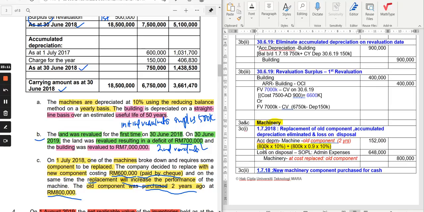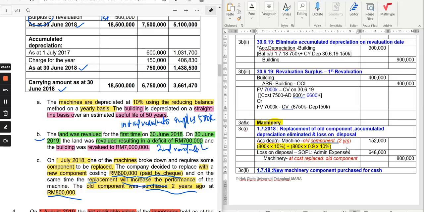You can check the calculation that I show here. 10% of 800,000 is to calculate the depreciation based on the reducing balance method. So you have that for the first year, and you need to do it for 2 years. Why? By the time you replace the old component, it was purchased 2 years ago. So you need to find out the accumulated depreciation for the 2 years.